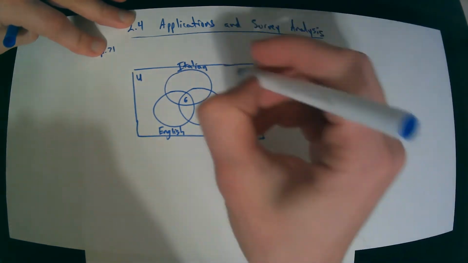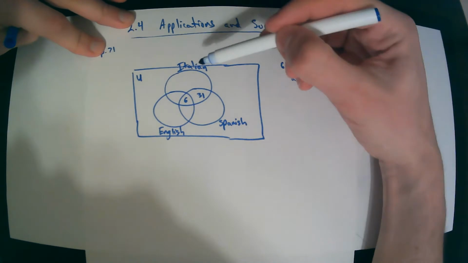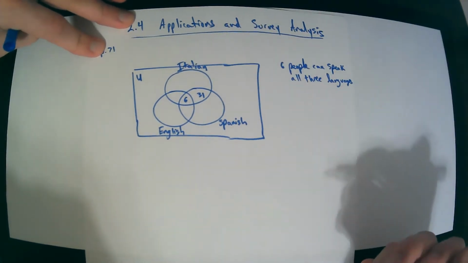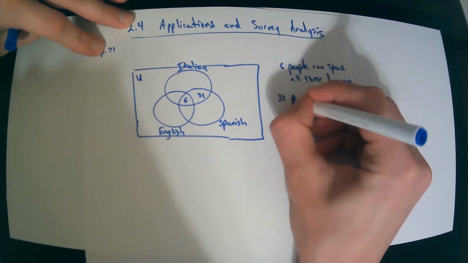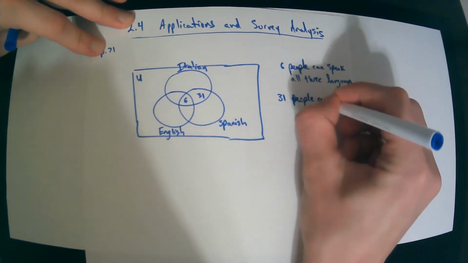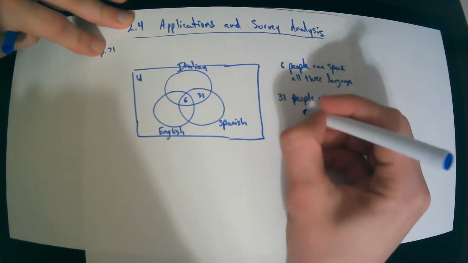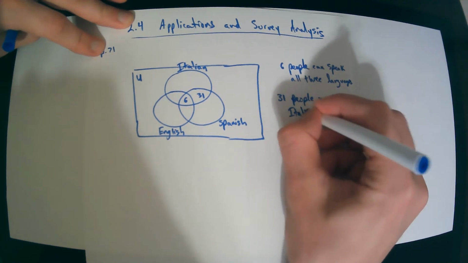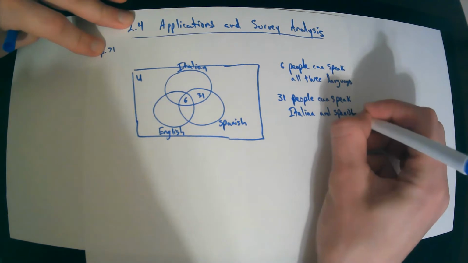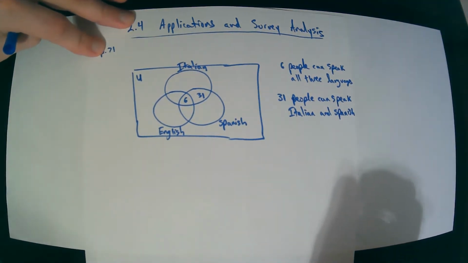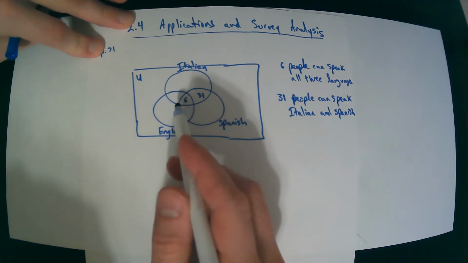Okay, what about this 31 over here? It's in the intersection of Italian and Spanish. But how do I write that? 31 people can speak... Now, it will not be correct to say this, can speak Italian and Spanish. I need to be a little bit more specific, because these 6 people over here can speak Italian and Spanish, right?